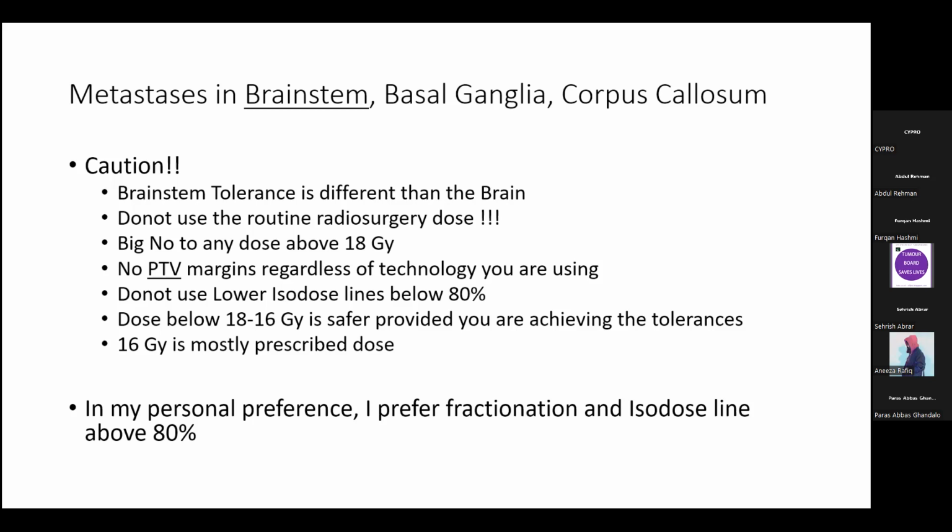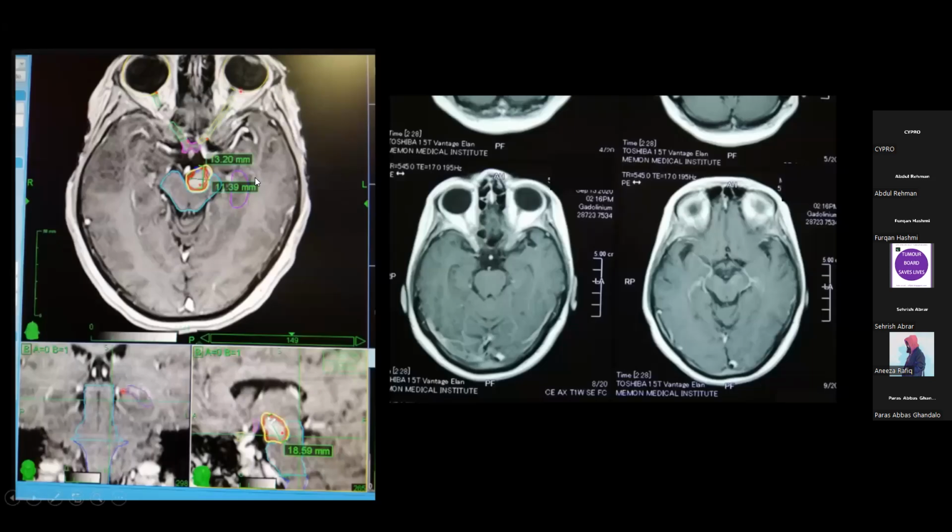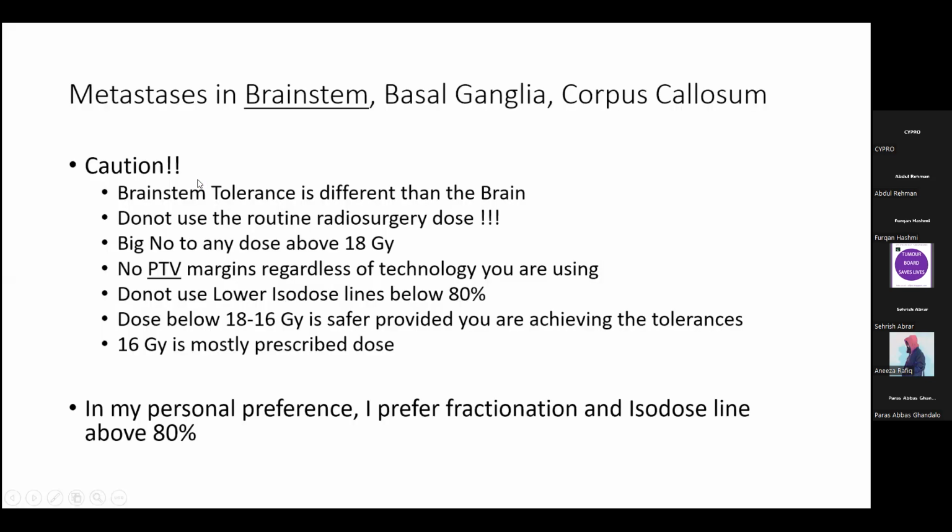Even if you are seeing a solid lesion, it will still be harboring some normal brain tissue inside it. So if we go below these isodose lines, we will be increasing hot spots, not suitable for areas like the brainstem.